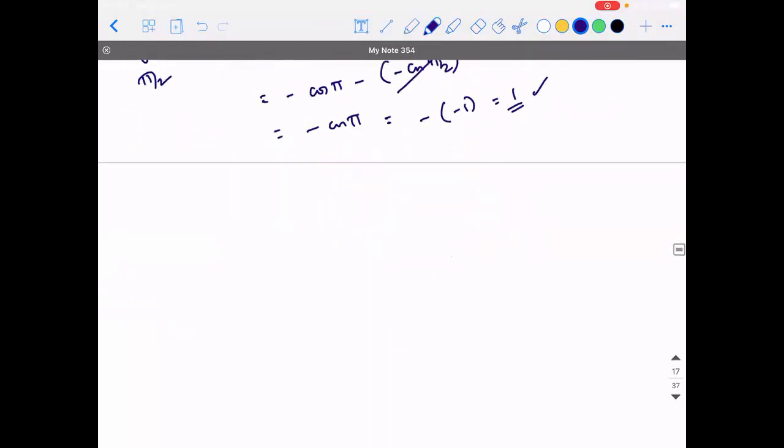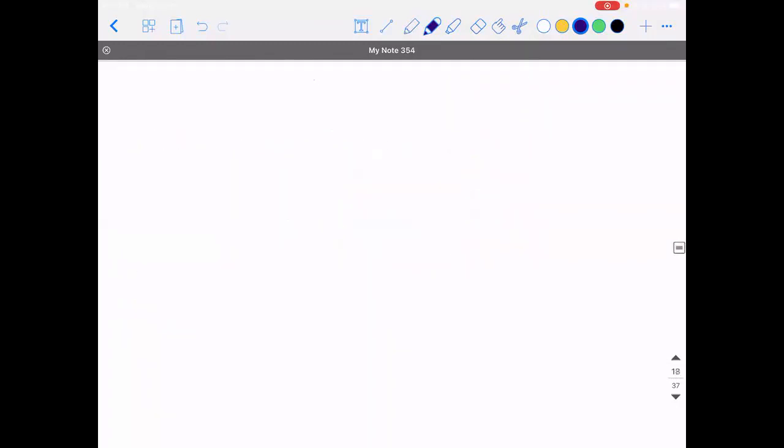Now we have learned integration and differentiation. Today let's solve some problems which are based on the application of all these concepts in physics. Suppose the displacement of the object is given as, for example, 2t square plus 3t plus 5.